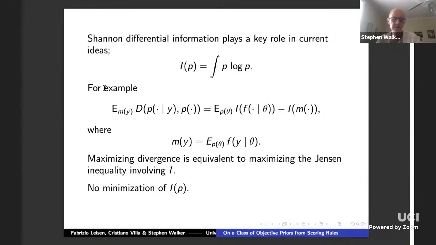You'd say, well, I'd much rather directly try and minimize that IP as a sort of objective, non-informative prior, than go through maximizing the Jensen inequality involving the Shannon information. But of course, as we all know, that's not possible because there's no variational calculus that works in this particular case.